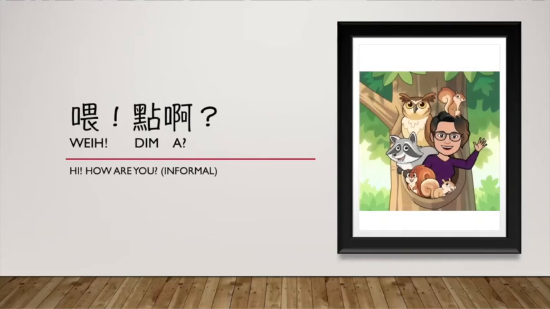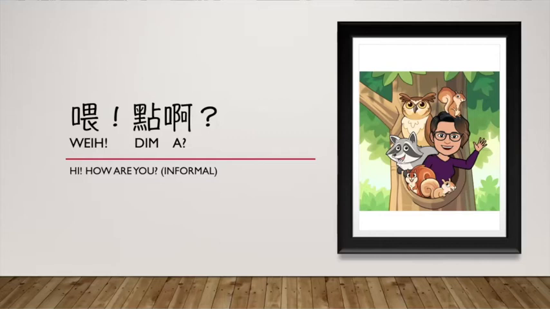Here we go. So, an informal way of saying, hi, how are you? Would be, 喂，點啊? 喂，點啊? And if you're good, you say, 好好啊. If you're so-so, remember how we say it? We say, 麻麻地啦. Or, 又係咁啦.